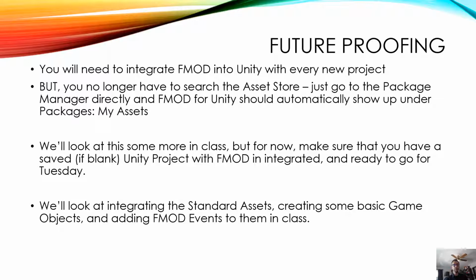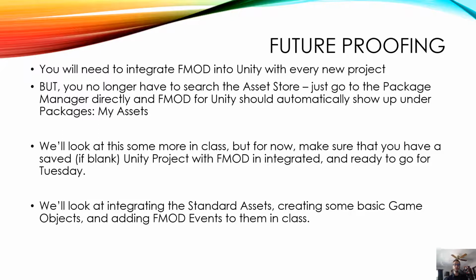We will look at this more in class, but for now, just make sure that you have a saved Unity project with FMOD. They can both be blank. You're not going to get any sound out of them yet. Just have them ready to go for Tuesday, and then we will talk about how to use the emitter and the listener to create sound playback.